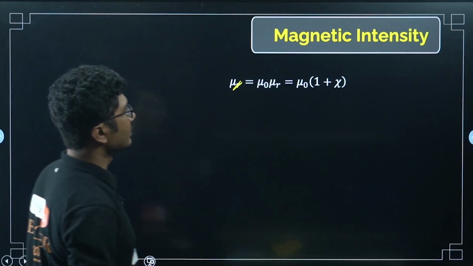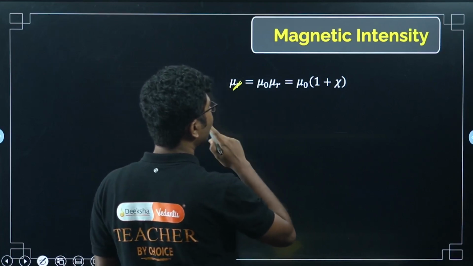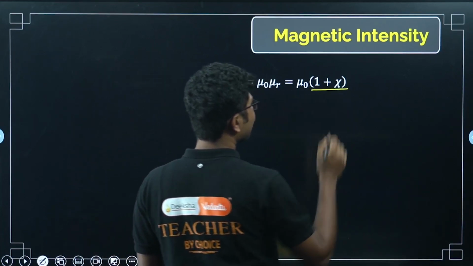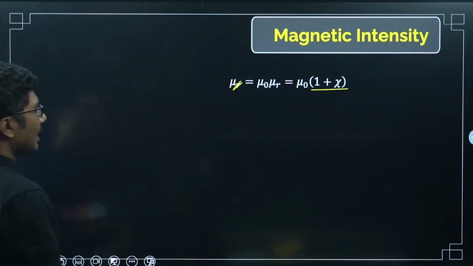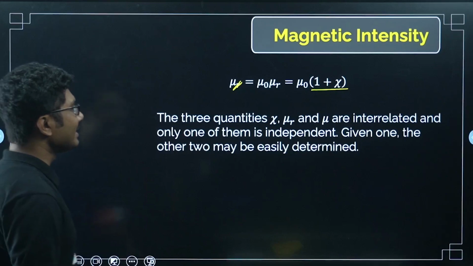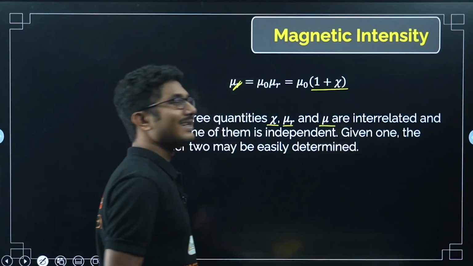Mu equals mu naught mu R, obviously, right? And we know that mu R is 1 plus chi, so let us use this formula. Now we can write that the three quantities chi, mu R and mu are interrelated.